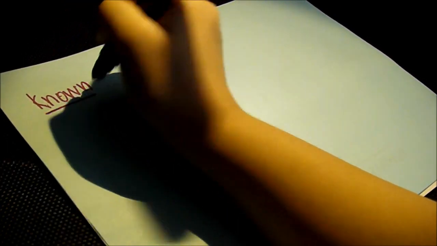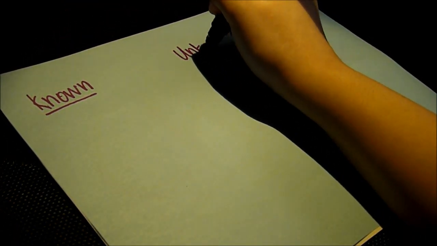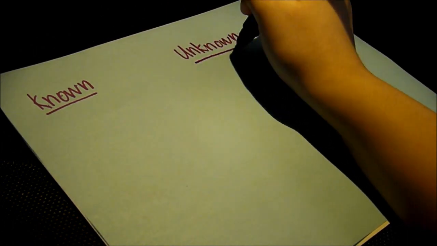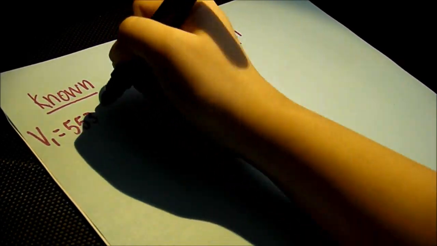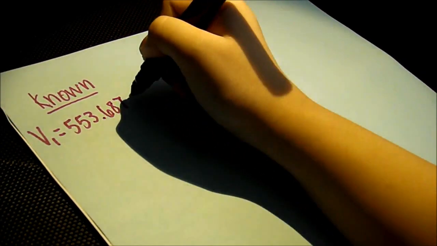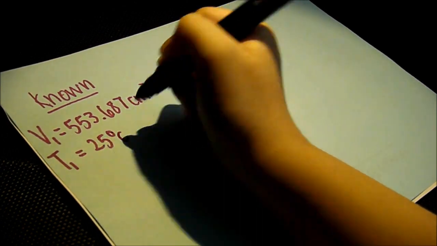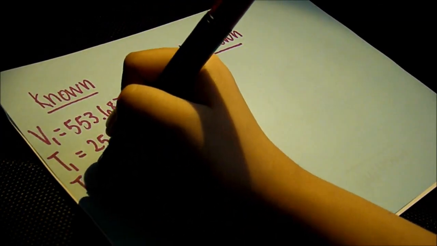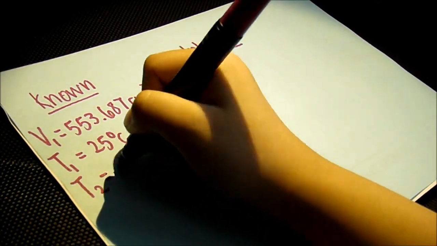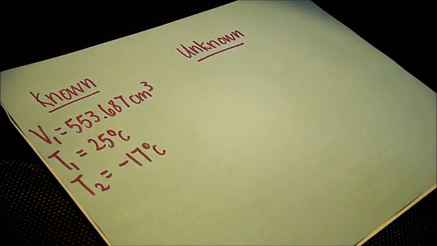So let's first list our knowns and unknowns. We know that the initial volume is 553.687 centimeters cubed, the initial temperature is 25 degrees Celsius, and the final temperature is negative 17 degrees Celsius.